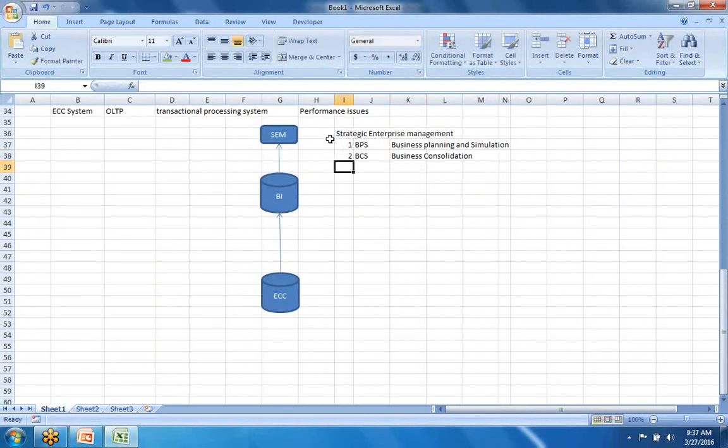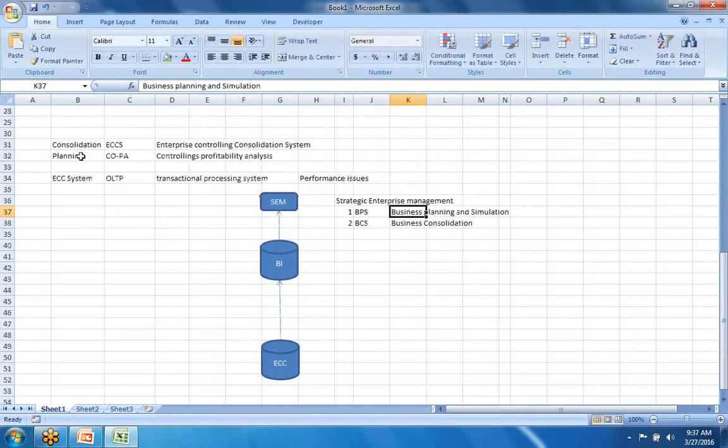So these were the applications which were a part of the SEM product suite and served the planning. You can also think that BPS is an extended version of COPA, and BCS is the extended version of ECCS. Both are used for planning and consolidation.